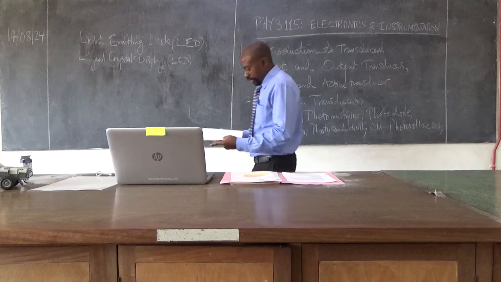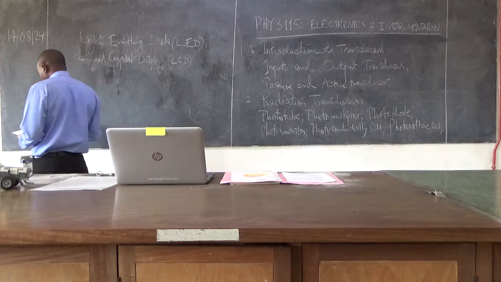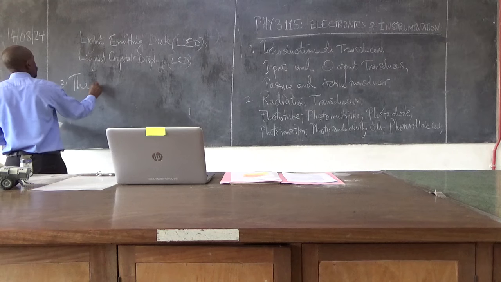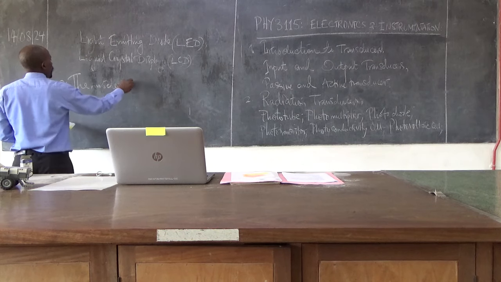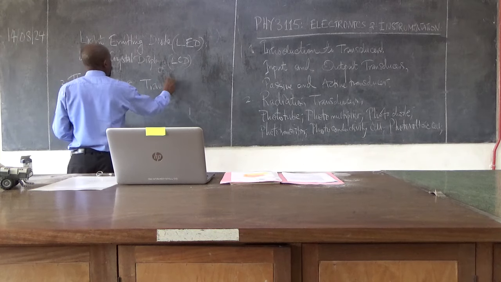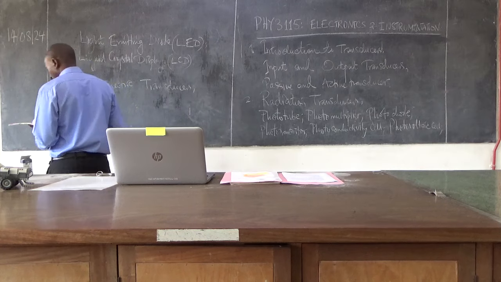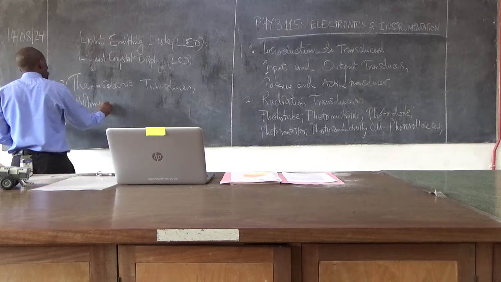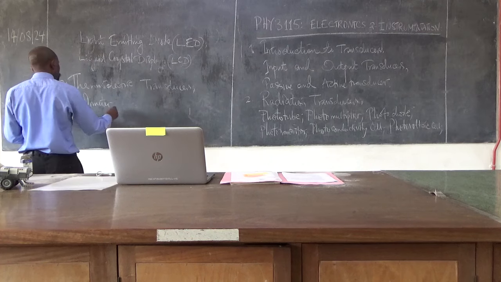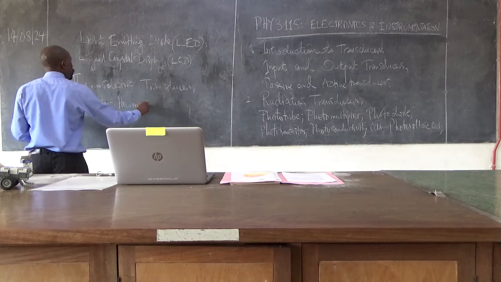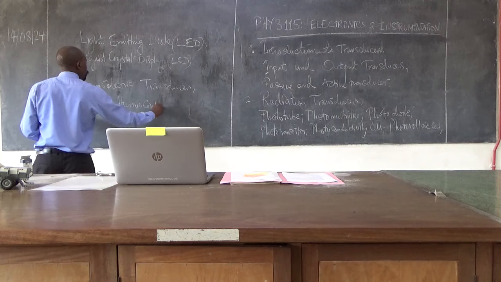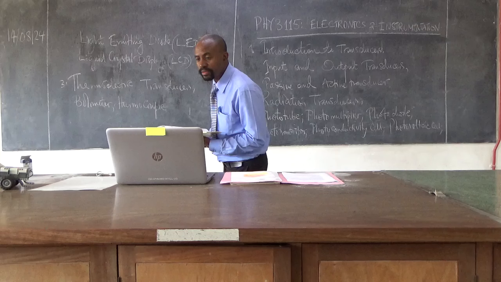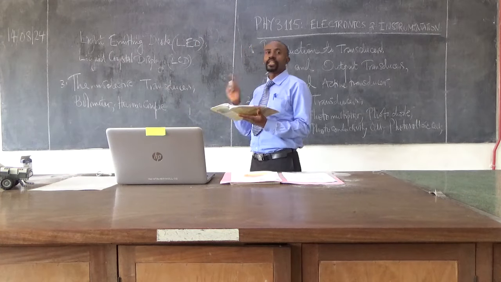Then we look at the thermoelectric detectors. A thermocouple is simply having two metals at different temperatures, and then a current is formed, a voltage is created across them, harnessed, and that amount of voltage gives you the value.